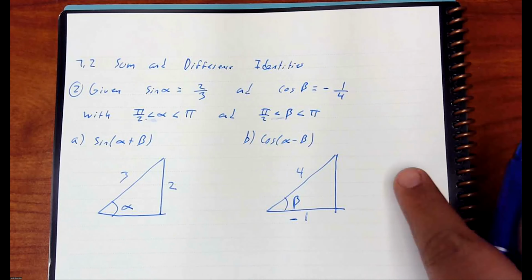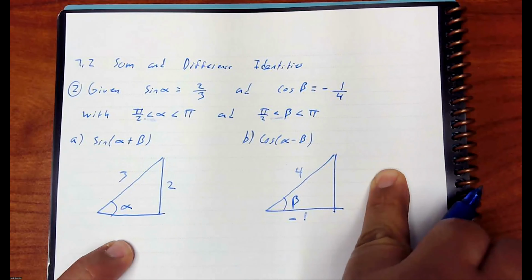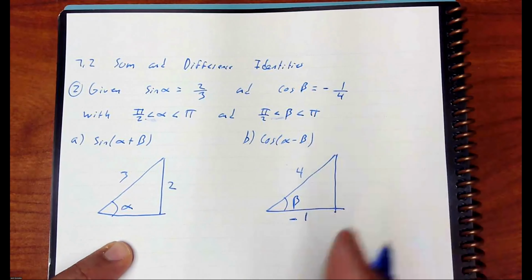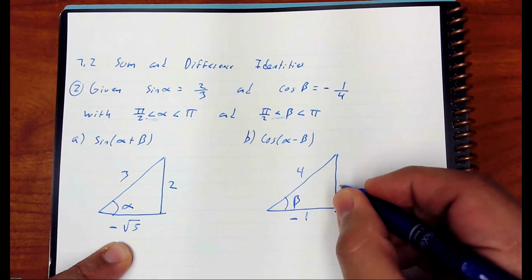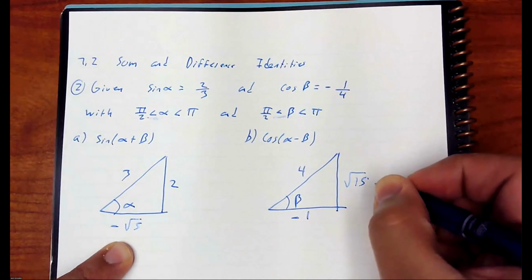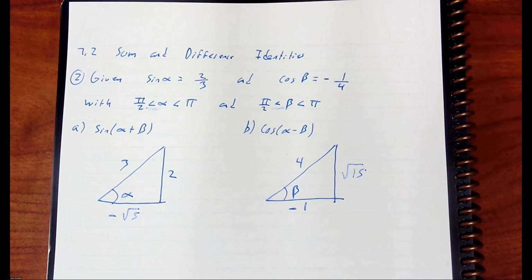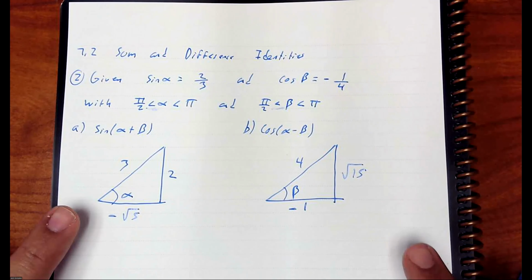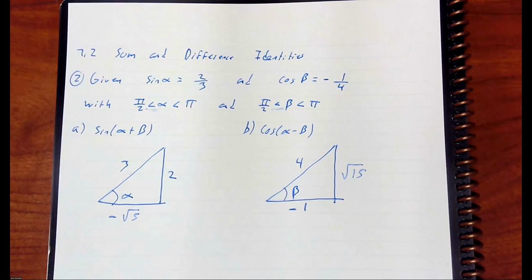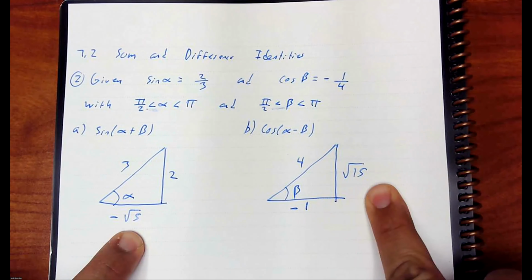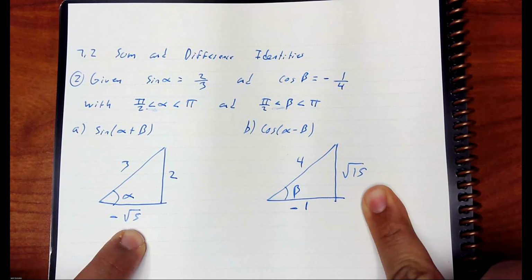Then I just find the missing piece, do your Pythagorean theorem, and you should get that this is -√5. This is square root 15. Once you have your triangle completed, you can start answering the question. Do you have any questions on the Pythagorean part? Is this okay?